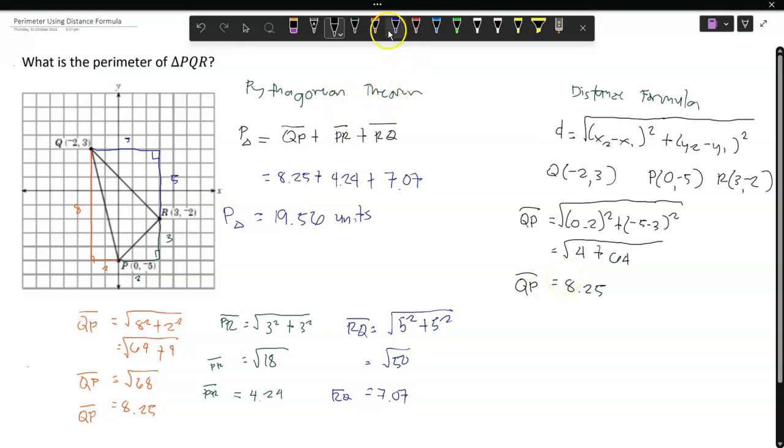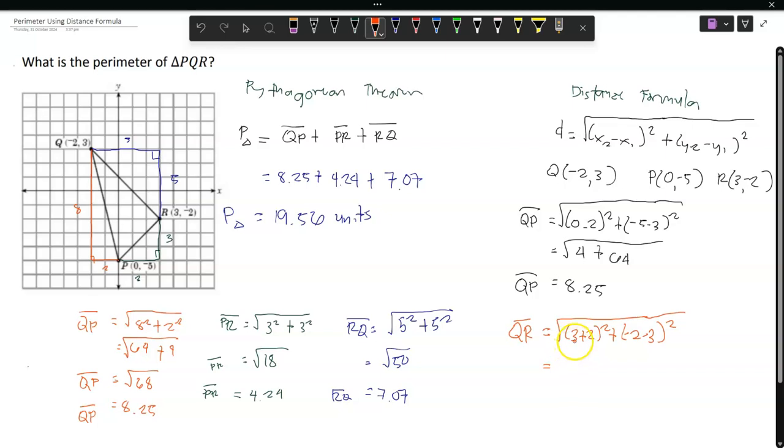Now, what about QR? So QR is equal to, Q and then R, so I have 3 minus negative 2, that is just plus 2, squared, plus negative 2 minus 3, squared.